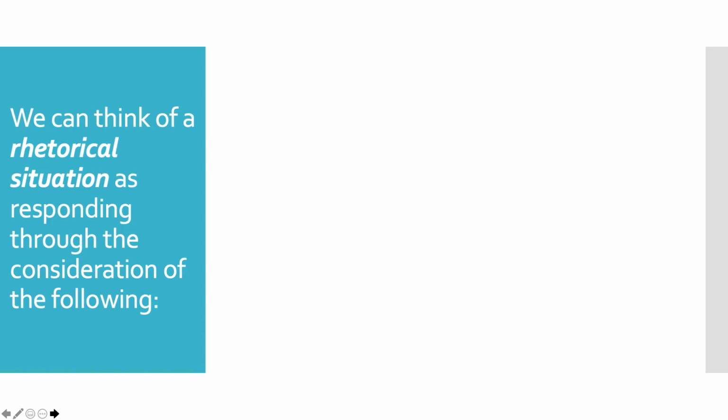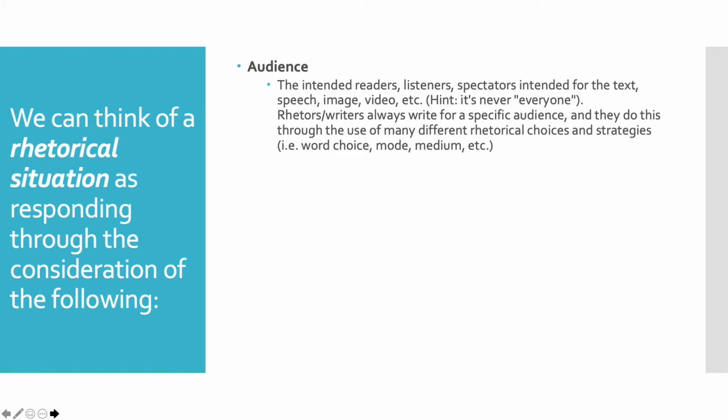So now let's think of a rhetorical situation as responding through the consideration of the following. First, audience. When we are writing something, we are doing it for an intended audience. That means the intended readers, listeners, spectators that are the target for the text, for the speech, for the image, for the video. Let me just give you a hint.